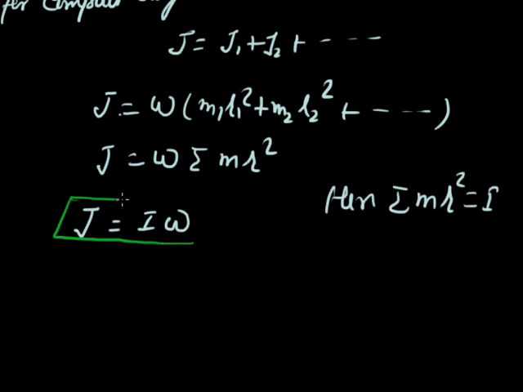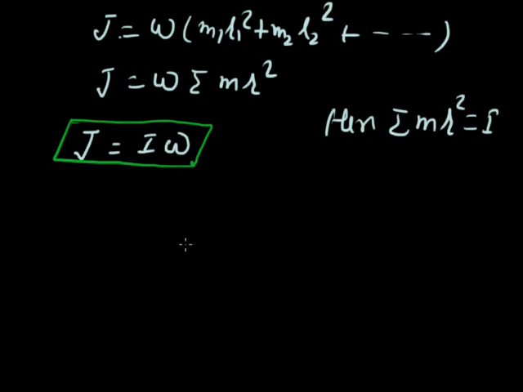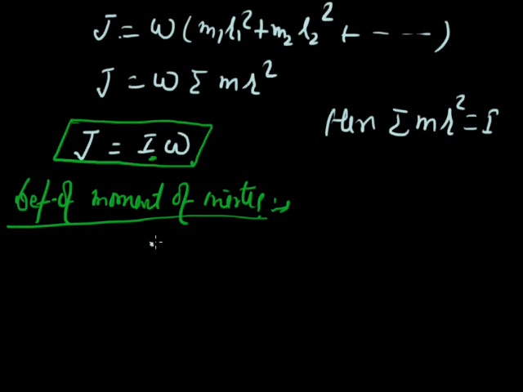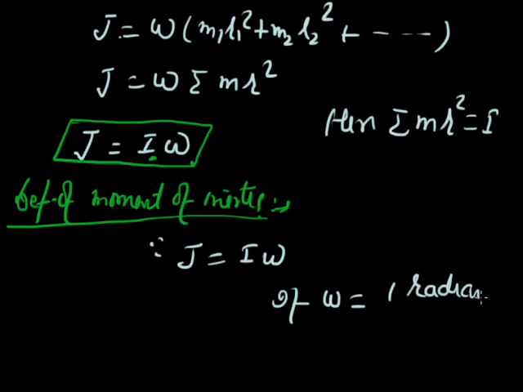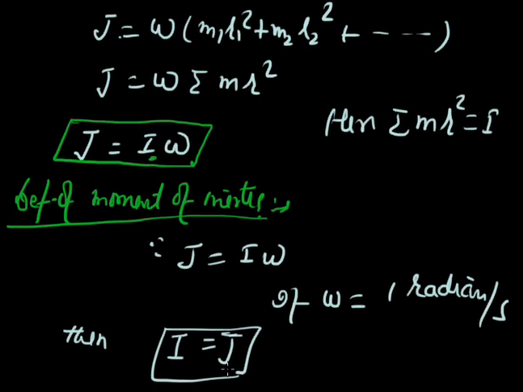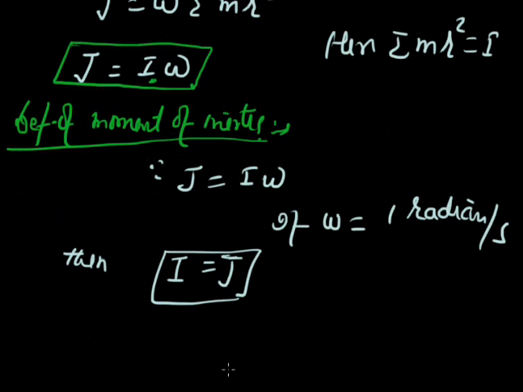This is the final relation between angular momentum, moment of inertia, and angular velocity. With the help of this one, we can easily define I. We want to find the definition of this I, moment of inertia. Because J is I omega, if omega is 1 radian per second, then J will be I, or I will be J. We have to define moment of inertia.